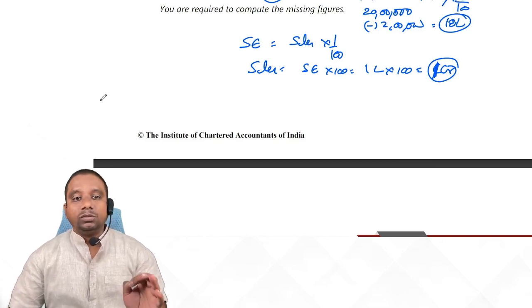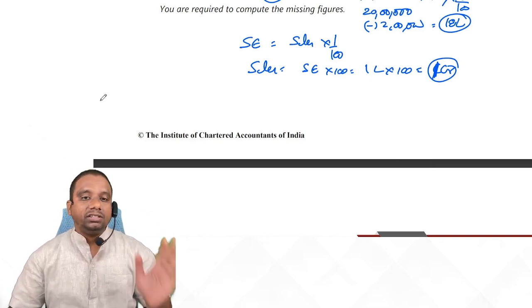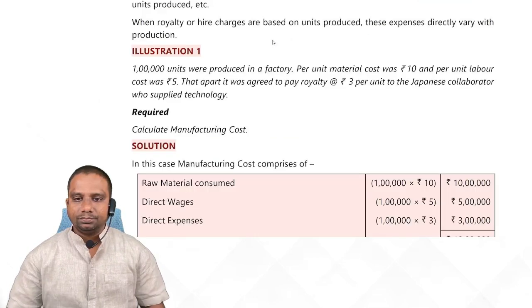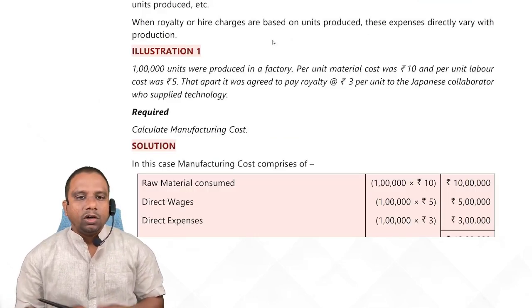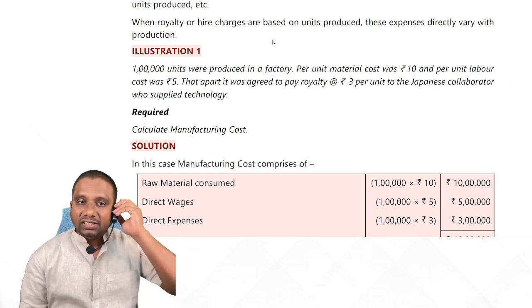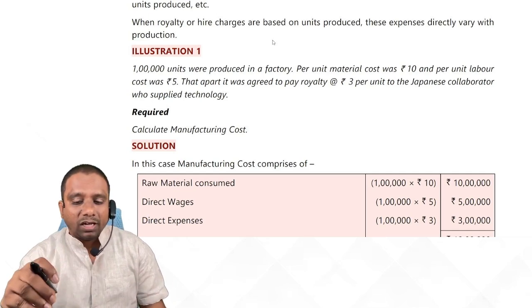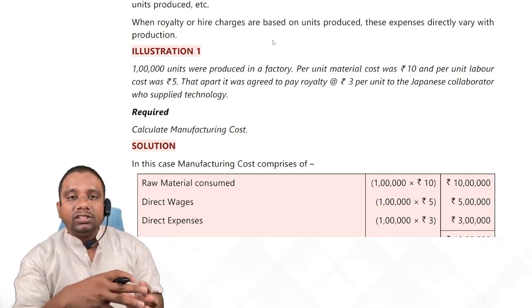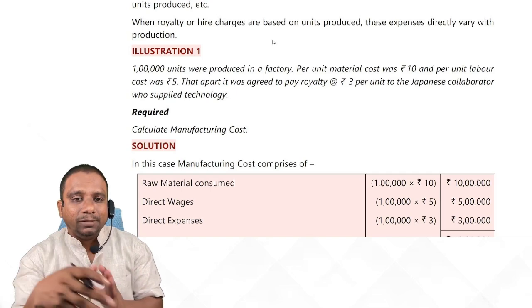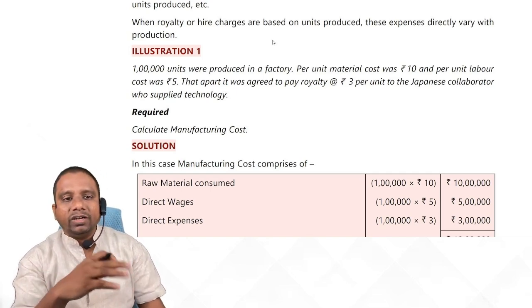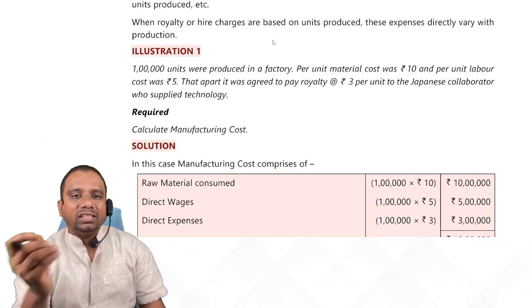Now we see problems on manufacturing concern. Observe, students. Now look at final accounts of manufacturing concern. The only difference between non-manufacturing concern and manufacturing concern is manufacturing concern will produce the goods and sell them. Non-manufacturing concerns will directly purchase the goods from manufacturer or wholesaler and he will sell the goods.